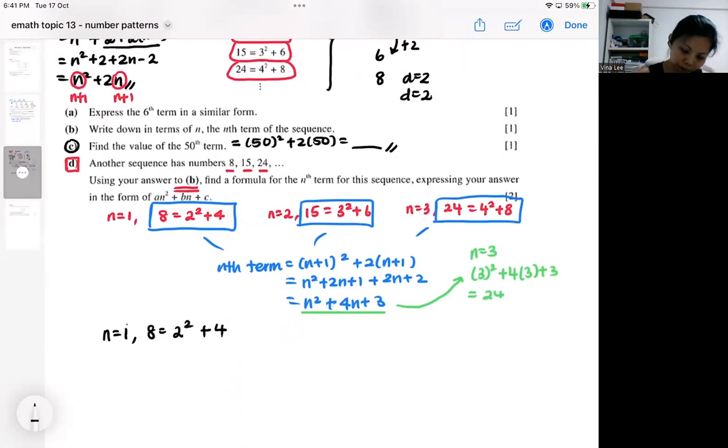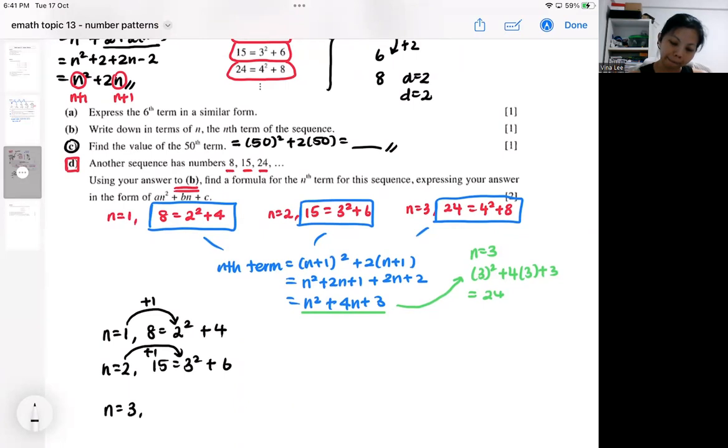If you look carefully, you need to do a plus 1 first, then you square. Again, same thing, you do a plus 1 first, then you square.